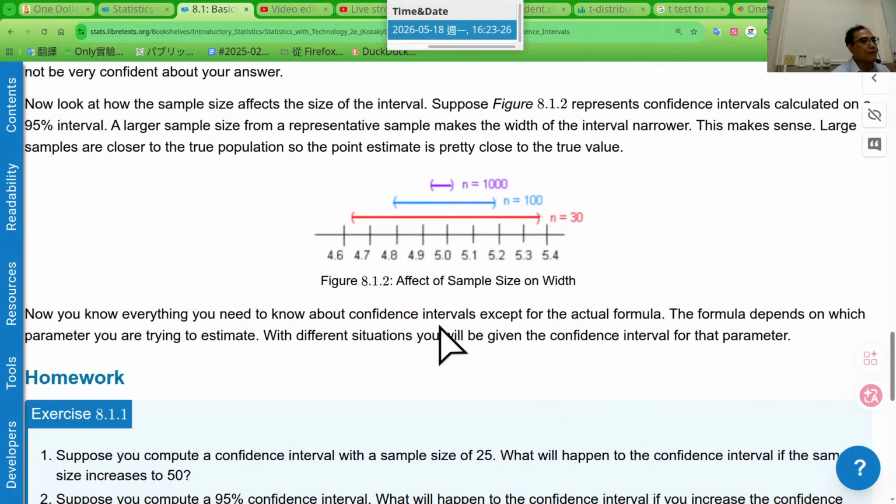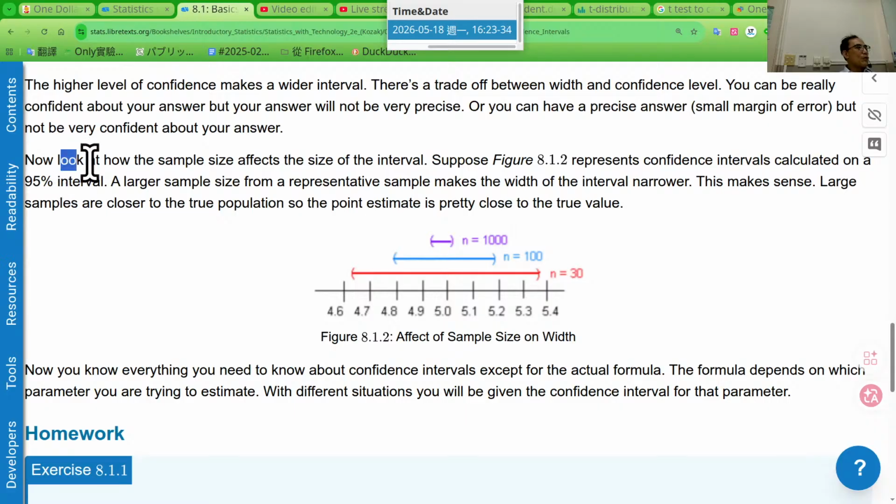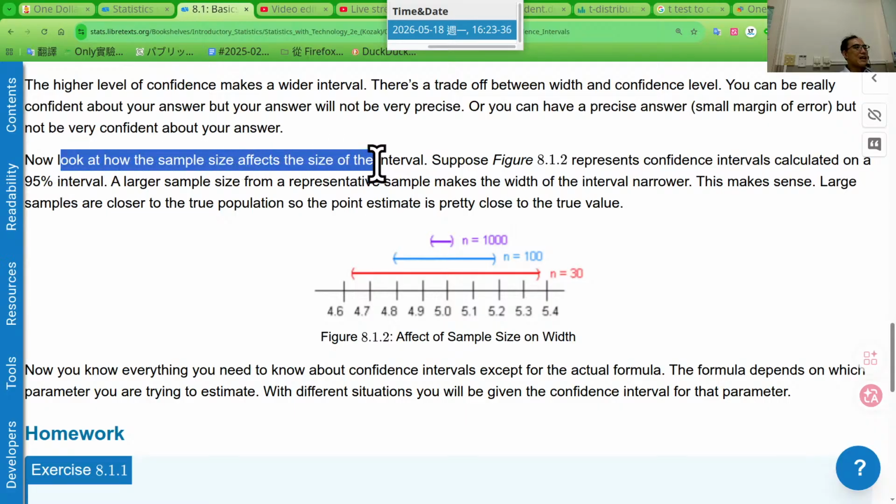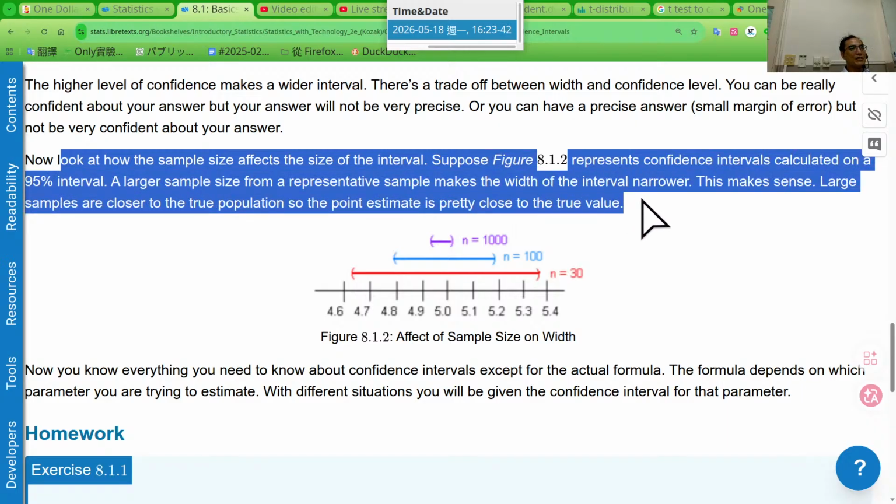And figure 8.1.2, the effect of sample size on width. Now look at how sample size affects the size of the interval. Suppose figure 8.1.2 represents confidence intervals calculated at 95%.